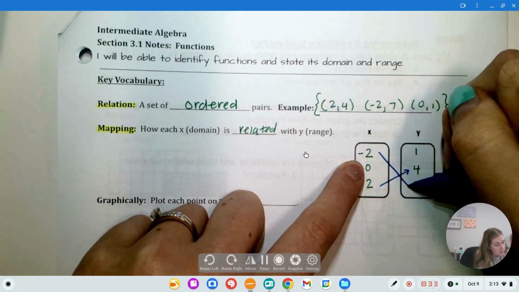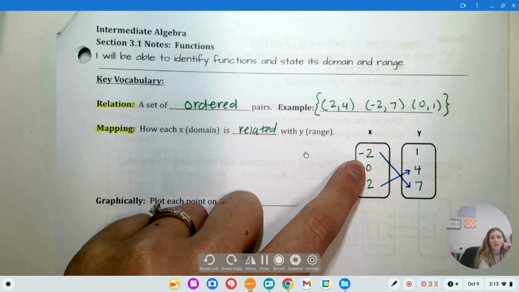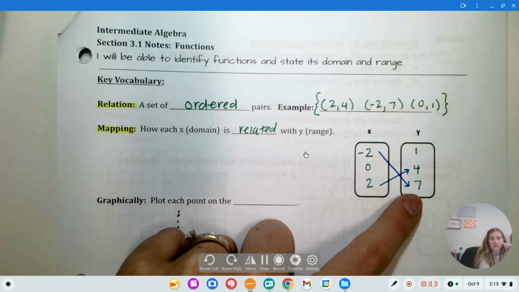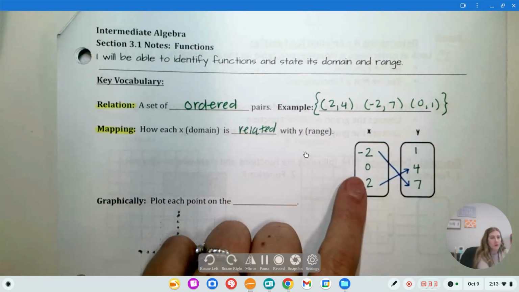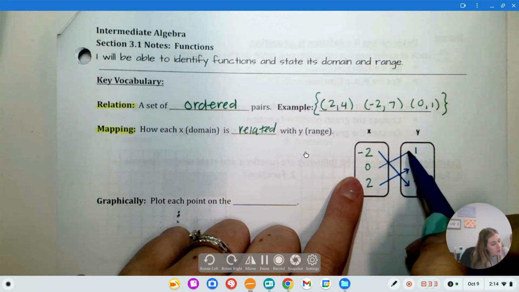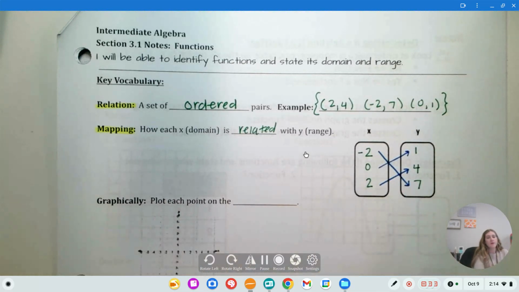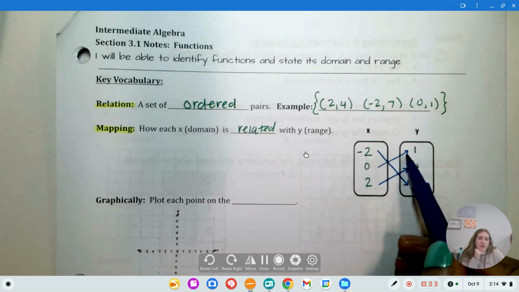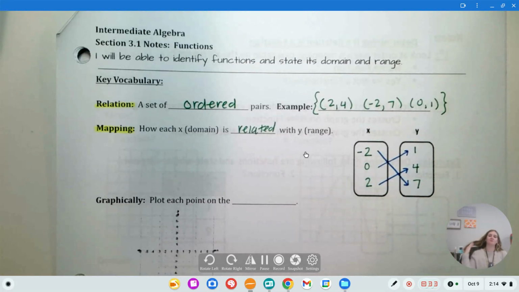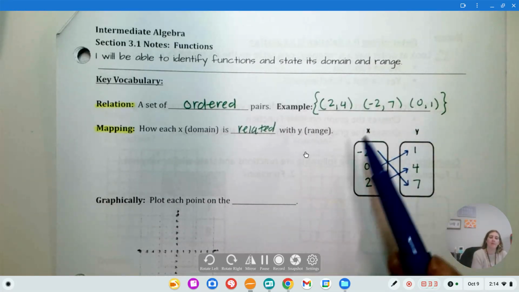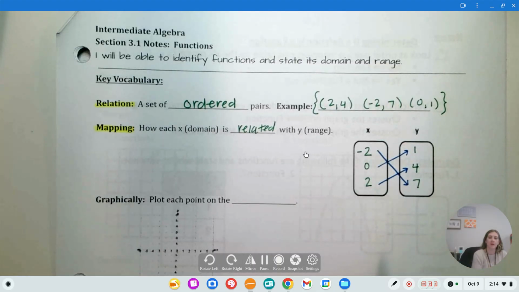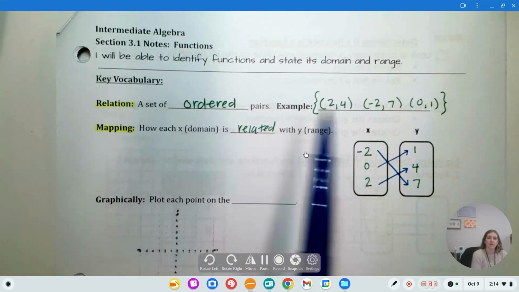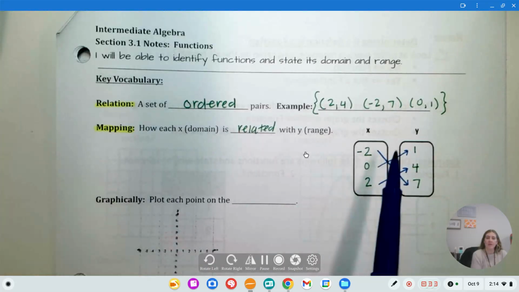Draw my arrow down to 7. So (-2, 7). And then the last one was (0, 1), so I'm going to draw my arrow up here to 1. Now I know it looks a little messy, but do the best you can. Follow your line right to your arrow. This is called a map, something with arrows. So relation is a set of ordered pairs. A map is how they're related.